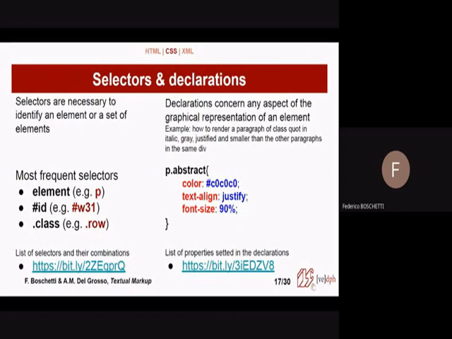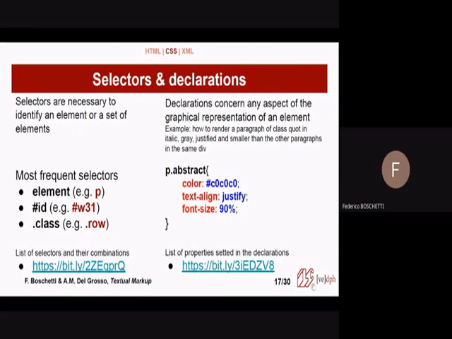And then the class. Class is another attribute of an element, that is class equals something. So for example, the class of a div could be row, and the class of another div could be col, in order to indicate a column.